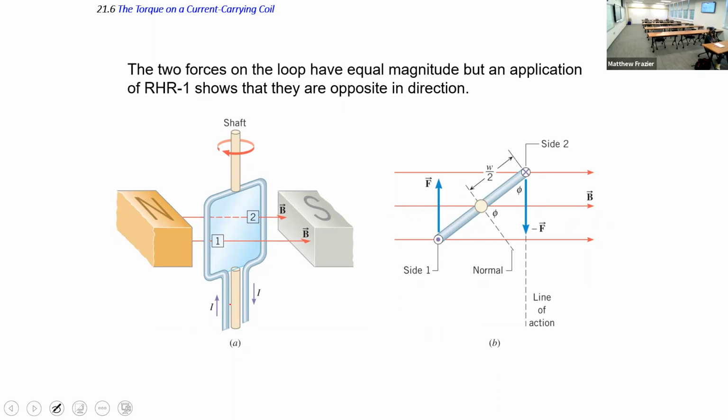So we show a slightly different geometry. Here's our coil, and we give it a way to rotate. But 1 and 2 are the 2 wires that had the force on it.